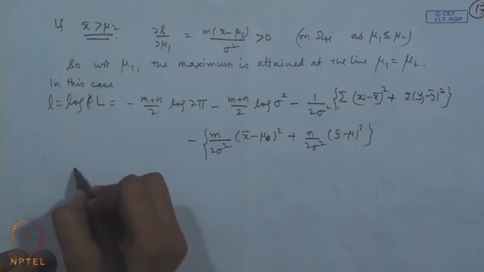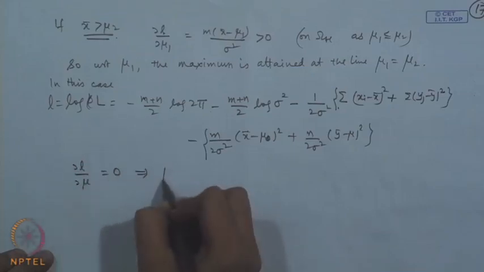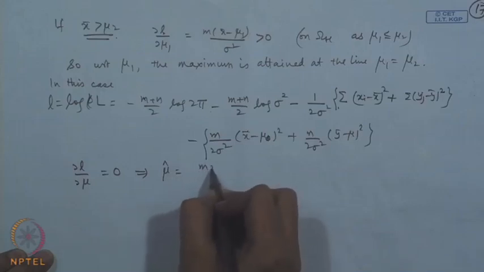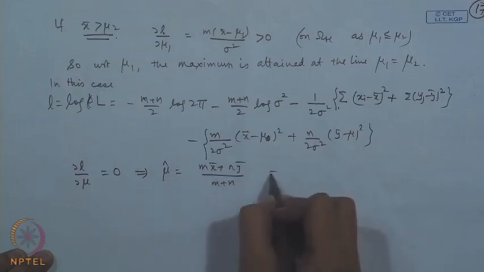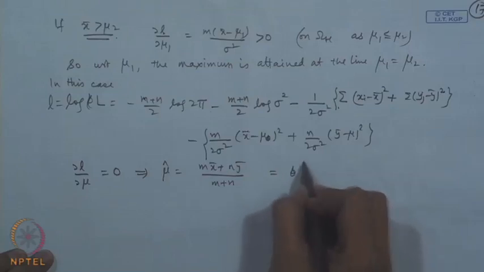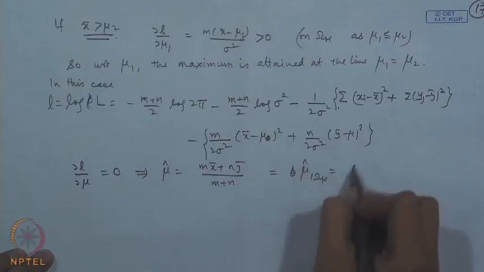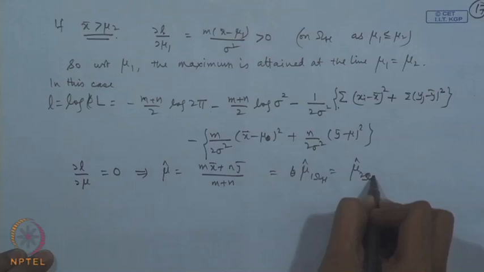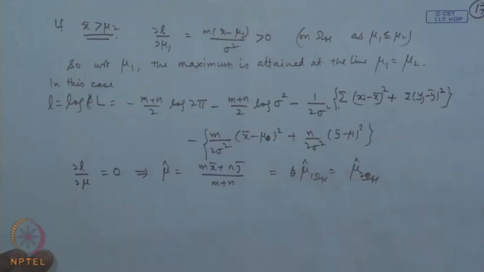So, if I consider del L by del mu, then I will get mu head equal to m x bar plus n y bar divided by m plus n, that is the grand mean, that is mu 1 omega h, mu 2 omega h, because I have assumed them to be equal here.